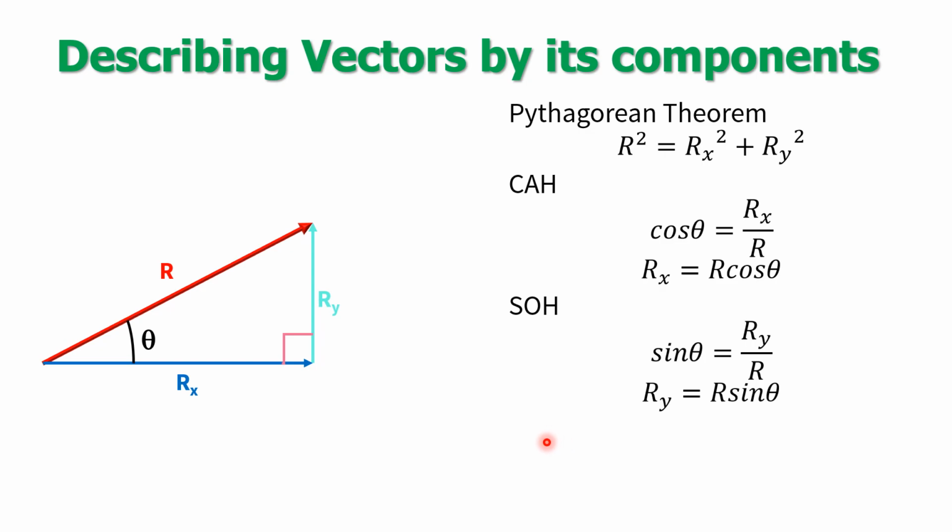And lastly, we have TOA. This means that tangent theta is equal to the side opposite, which is r sub y, divided by the side adjacent, which is r sub x. So we have tangent theta is equal to r sub y over r sub x.